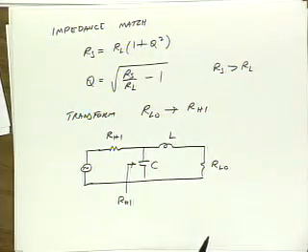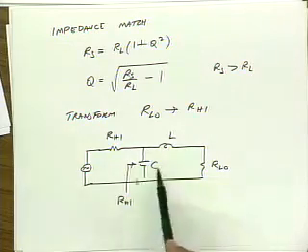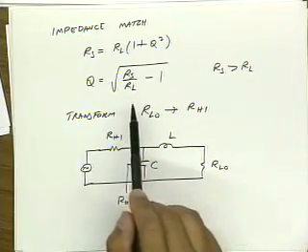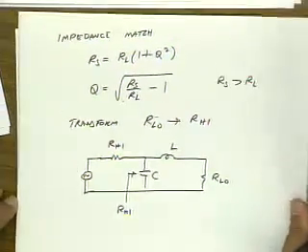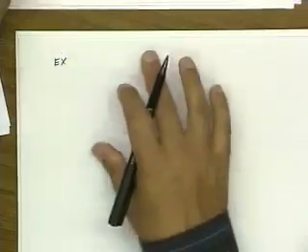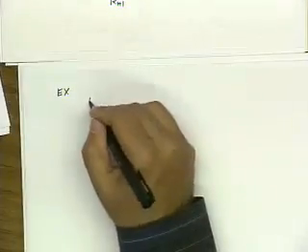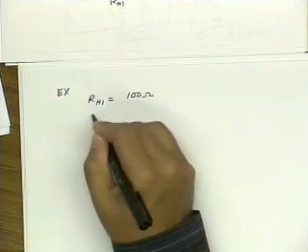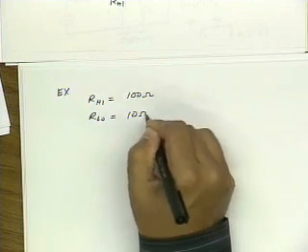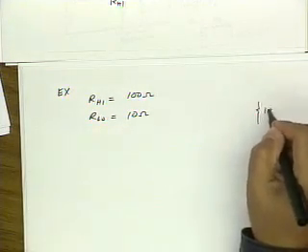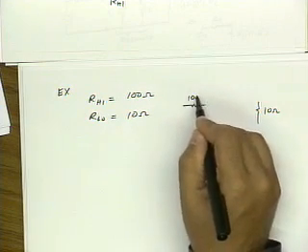And what's really interesting is that the quality factor of this network, assuming I use ideal components, is determined by the transformation ratio. So let's do a very, very simple example. Let's say that R high is 100 ohms and R low is 10 ohms. So I have 10 ohms, but I really would like to drive it with 100 ohms.